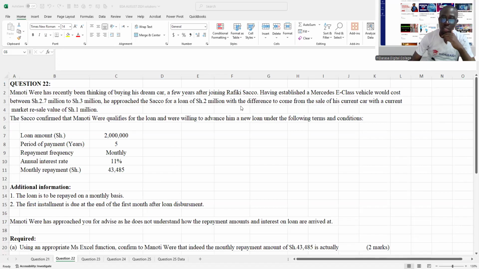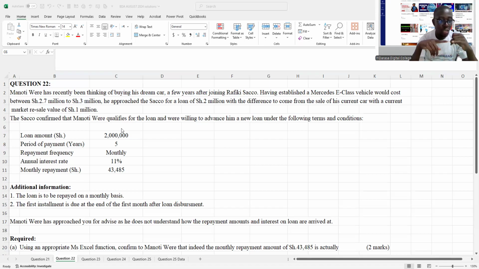A few years after joining Rafiki Circle, having established a Mercedes E-Class vehicle will cost between 2.7 to 3 million, he approached the circle for a loan of 2 million, with the difference to come from the sale of his current car with a current market resale value of 1 million. The circle confirmed that Manoti Were qualifies for the loan and were willing to advance him a new loan under the following terms and conditions.